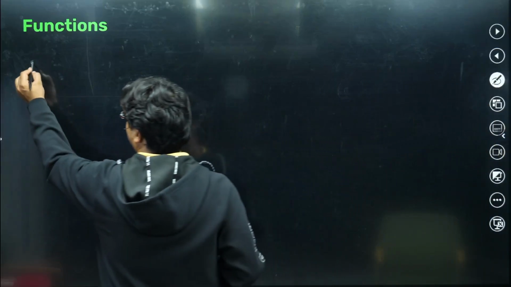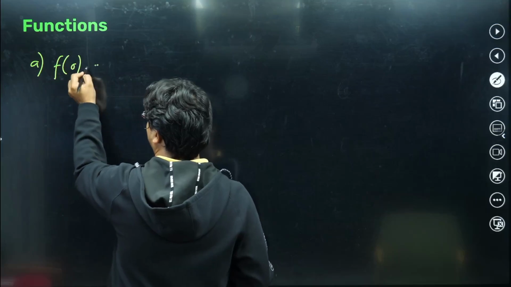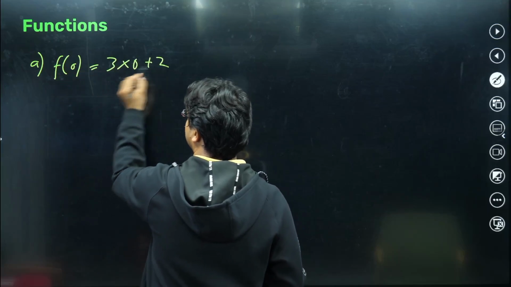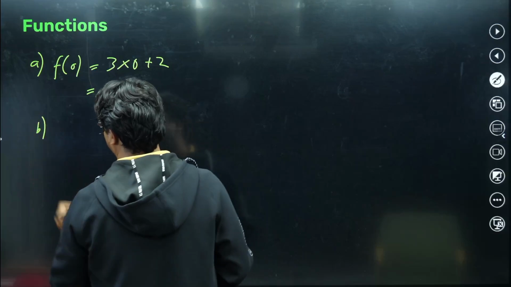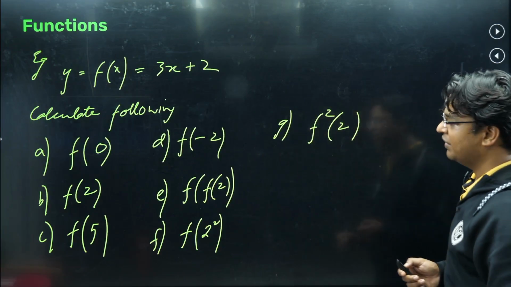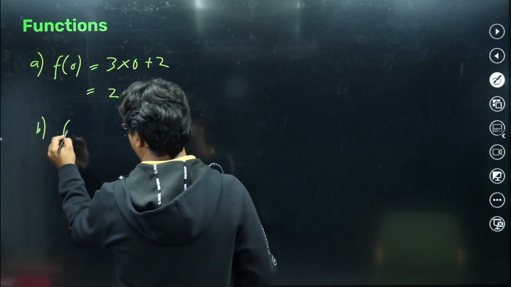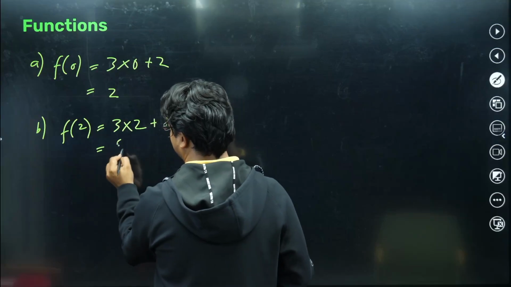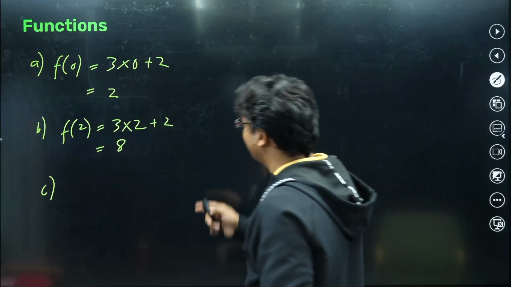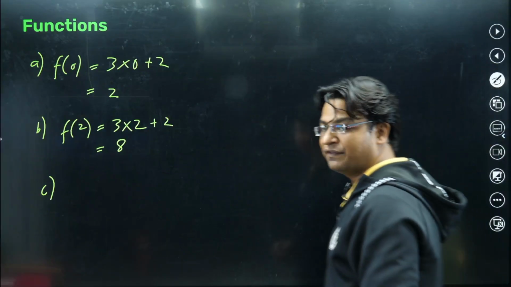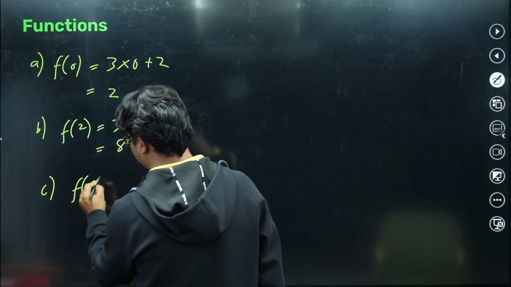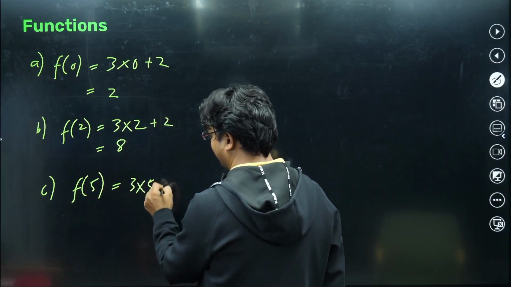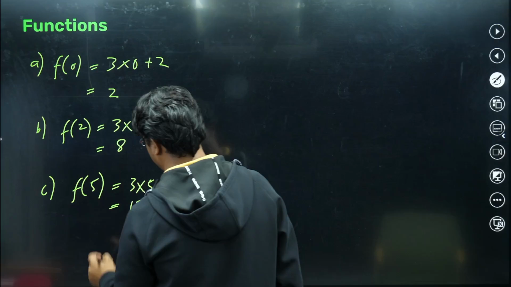So f of 0 is 3 into 0 plus 2, that's 2. Then next one, f of 2. f of 2 is 3 into 2 plus 2, 8. I hope I remember the function correctly. Yeah, f of 5. f of 5 is 3 into 5 plus 2, 17.